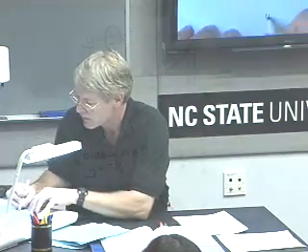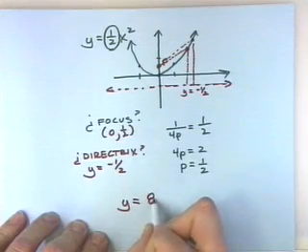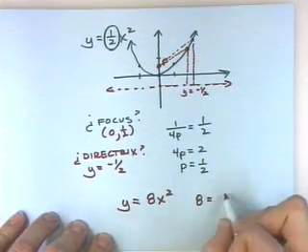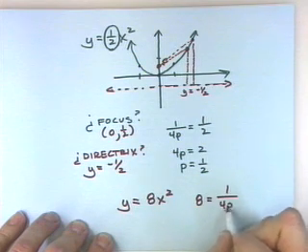Is it only going to work out that the coefficient is the focus point, or does it not work out like that all the time? No, let's say that coefficient were 8. Then 8 would be 1 over 4p, right?